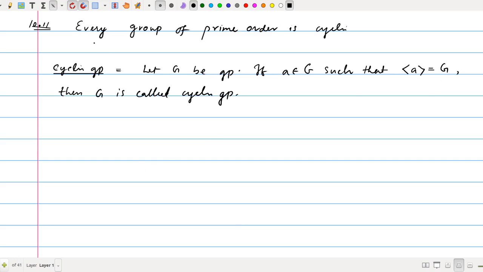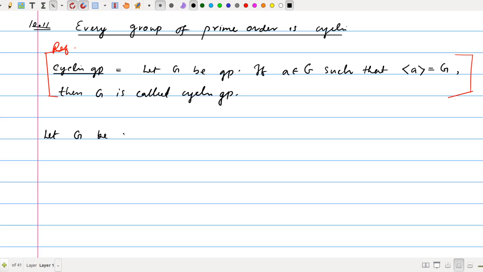Now let me come to the statement of this corollary. Every group of prime order is cyclic. This is just a reference, so please remember this result. Now we start with a group.